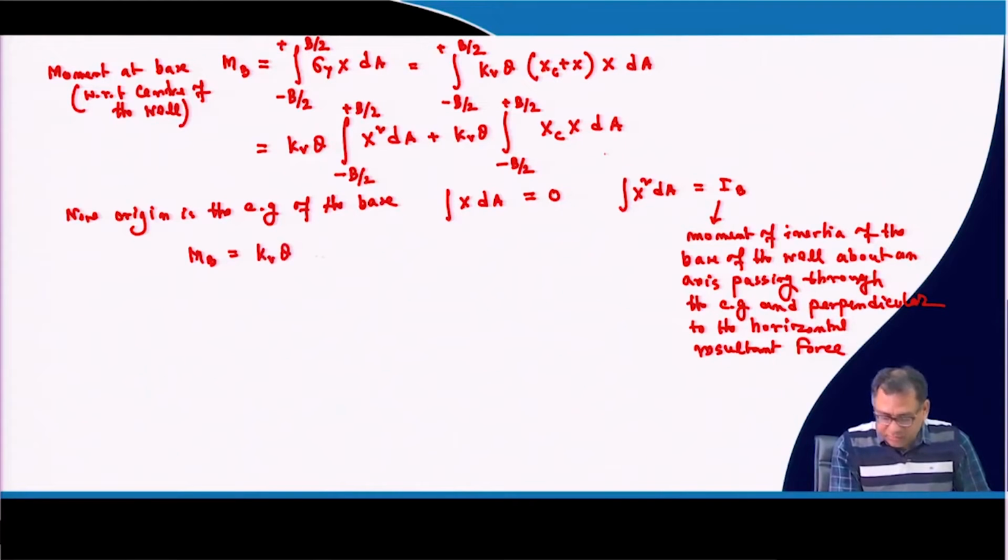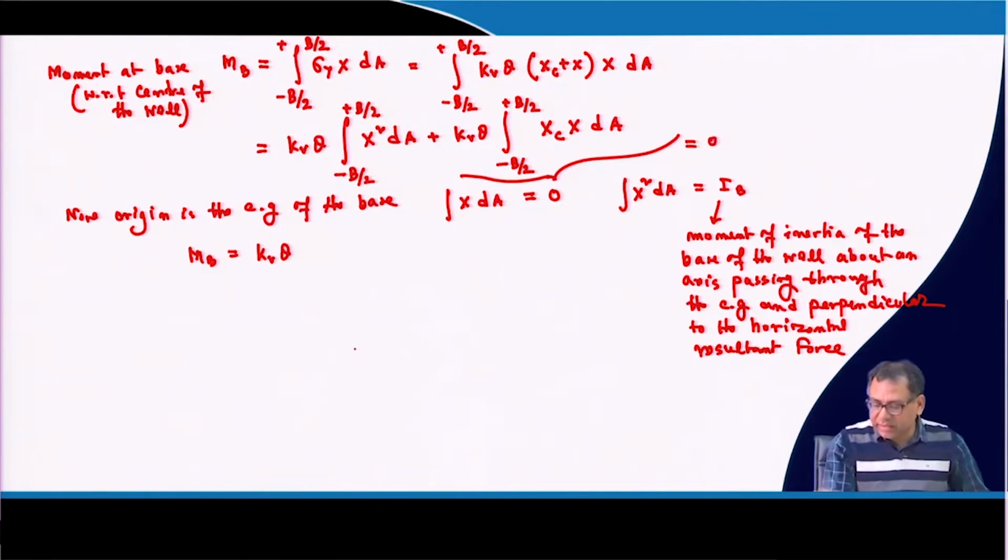This x into dA term is equal to 0, the second term is equal to 0, and the remaining term is x square dA.